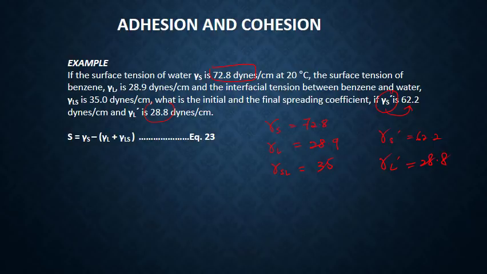As you know, the spreading coefficient that we derived the formula for before is equal to gamma S minus gamma L plus gamma LS. So you have gamma S 72.8, minus this, plus this.